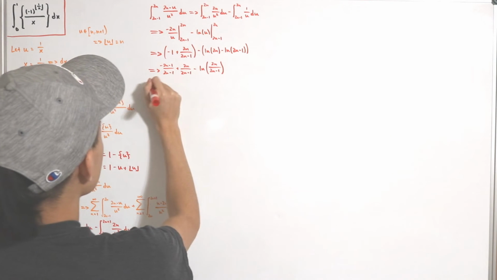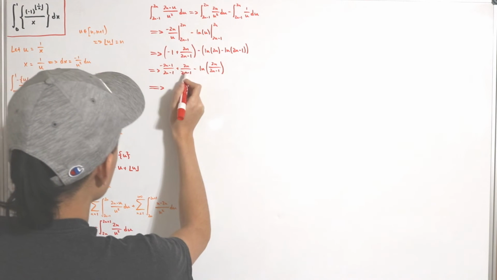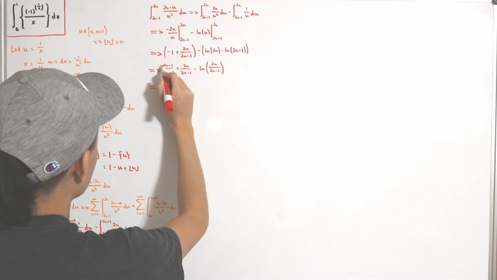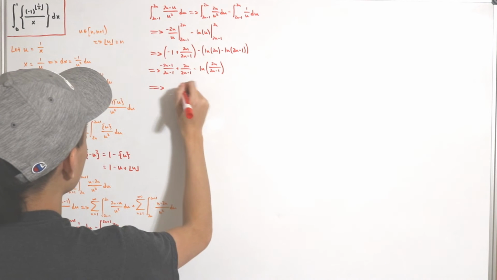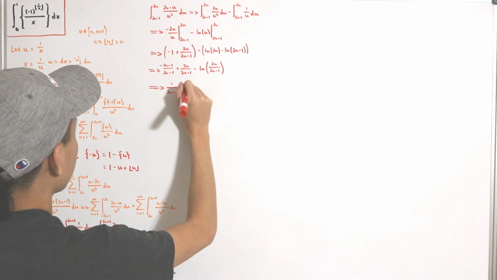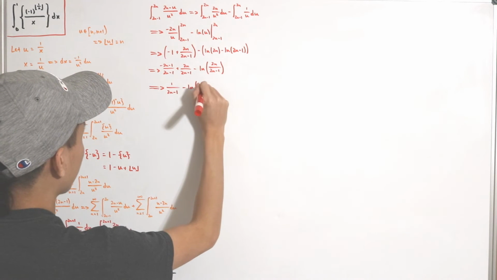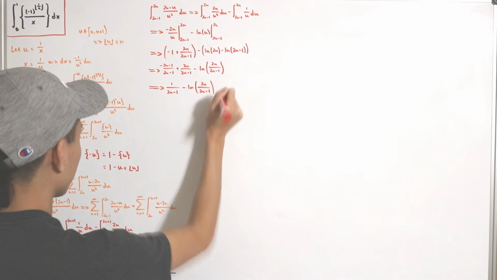Then if we simplify this out, negative 2n plus 2n cancels, and I'll distribute the negative 1, so this will be 1 divided by 2n minus 1, and then minus ln of 2n divided by 2n minus 1.